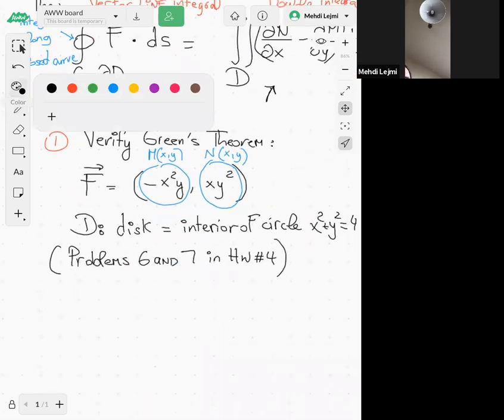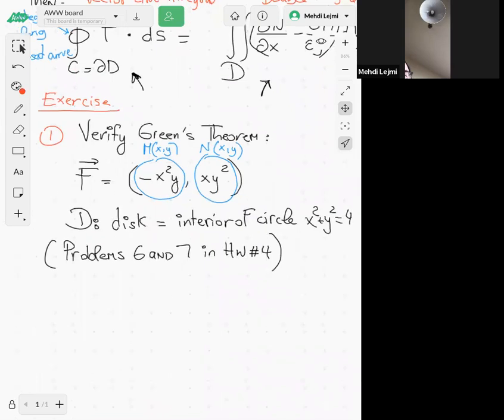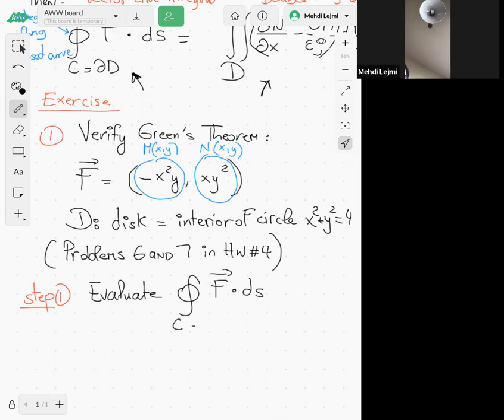So step 1: we need to evaluate this vector line integral over the boundary of the region D. What's really important here is to parameterize this boundary.